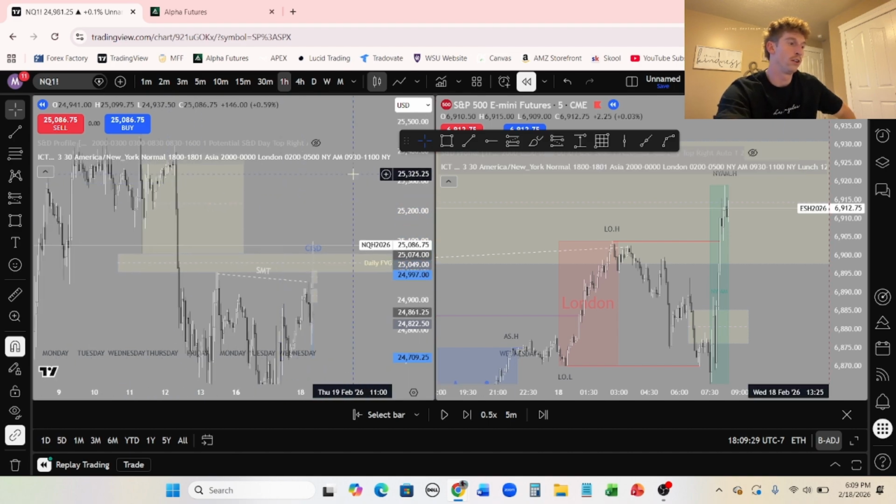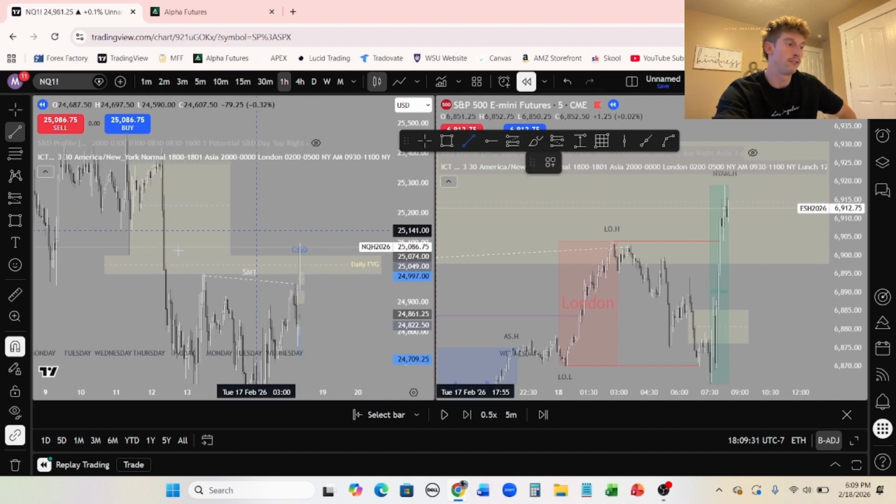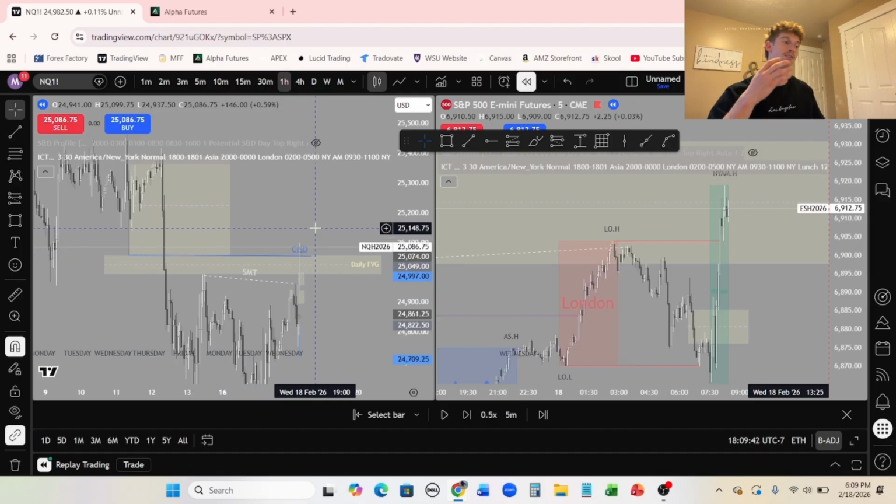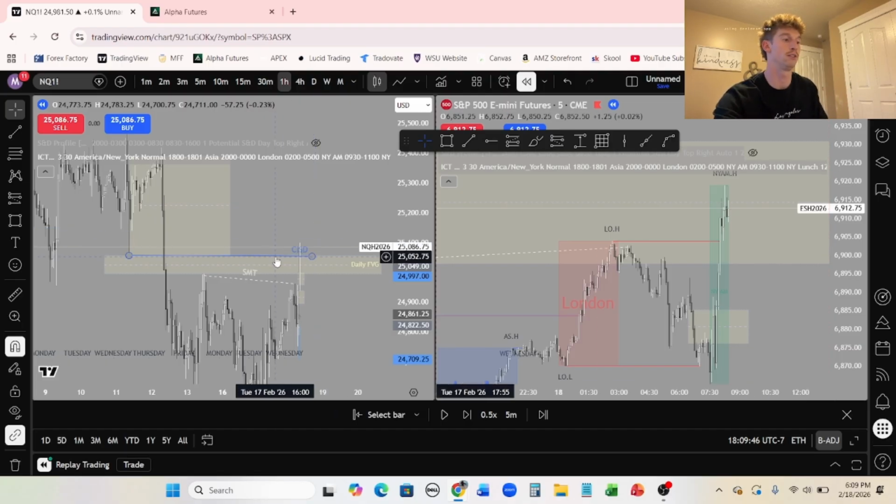In my mind, this level from that wick and that whole leg up acts as a support and resistance zone. But if we're talking ICT concepts, I believe it is an order block of some sort. So that's another reason why I wanted to take a short up here so high.